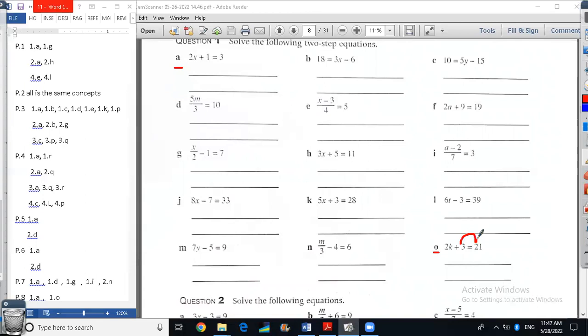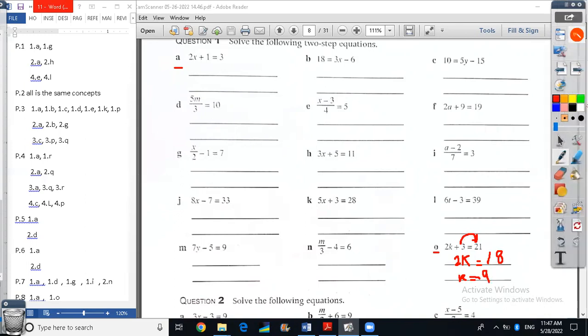Here, positive 3 goes there, minus 3. So 2k is going to be left. And we got rid of the 3 first because it's the last thing that happened to k. So 2k equals, here is going to be 18 after minusing the 3. All right, then k equals 9. And now we're done with page 8.